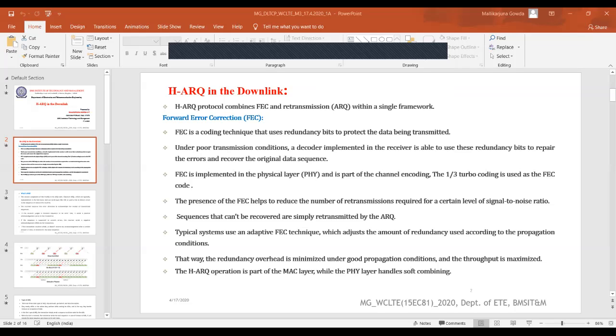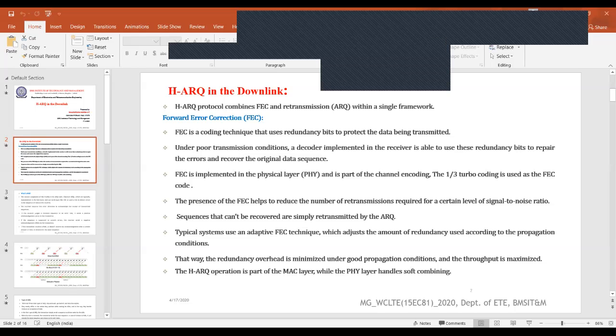So when the transmission conditions are poor, the decoder implemented in the receiver is able to use these redundancy bits to repair the errors and recover the original data sequence, the original information. This forward error correction is implemented in the physical layer, as a part of the channel coding technique.